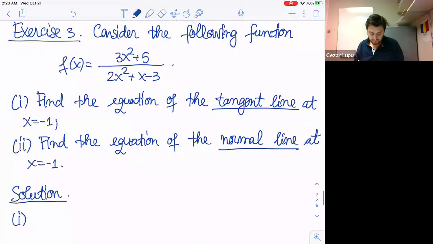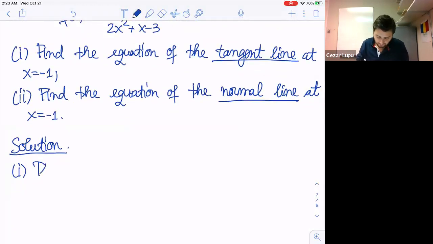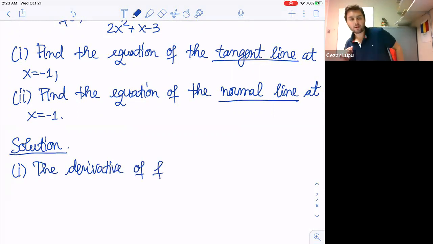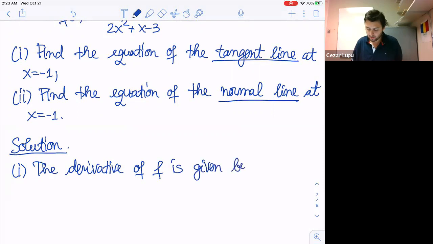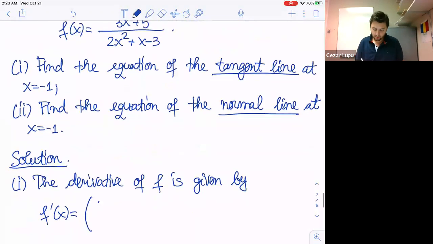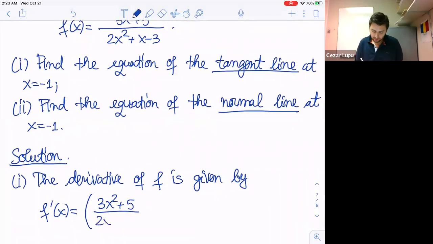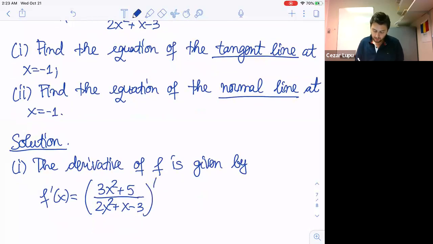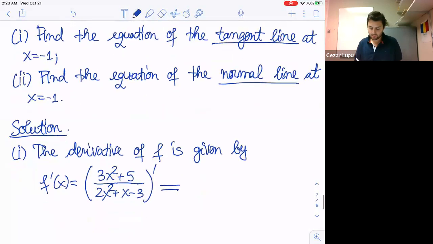So the derivative of f is given by, and I'm just going to write it directly. I'm going to leave this to you as an exercise. It is given by f prime of x, which is nothing else than (3x squared plus 5) over (2x squared plus x minus 3), prime. And by applying the quotient rule here, I'm just going to write it.